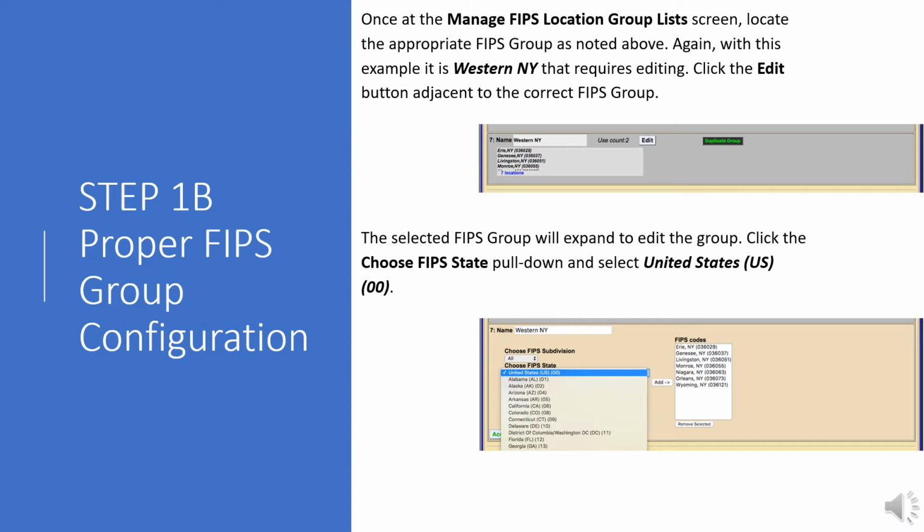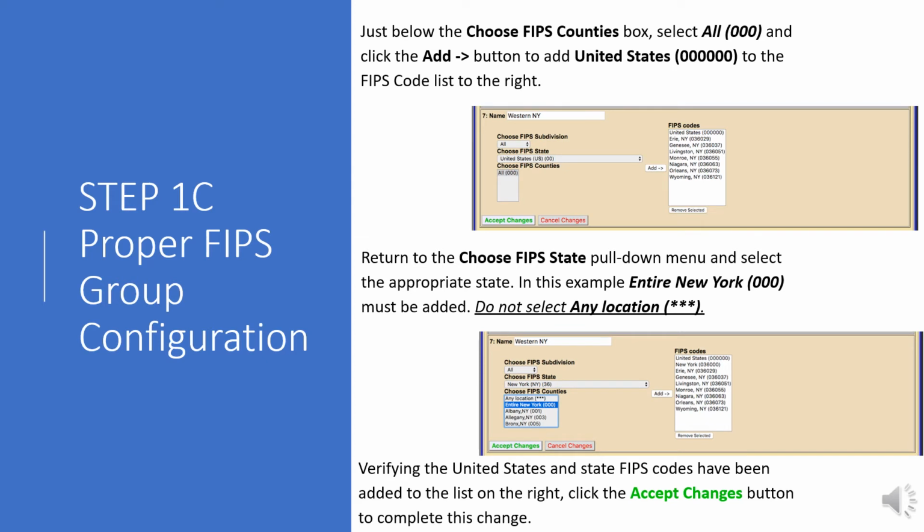The selected FIPS group will expand the Edit group. Click the Choose FIPS State pull-down and select United States. Just below the Choose FIPS Counties box, select All zeros and click the Add button to add United States to the FIPS code list to the right.